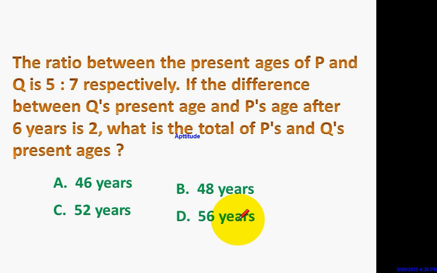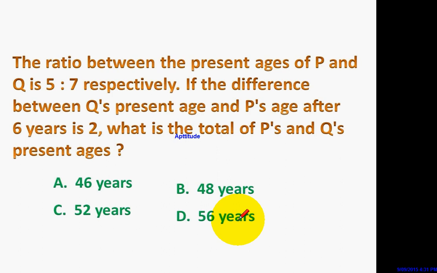And the next problem is also given in terms of ratio. The ratio between the present ages of P and Q is 5:7 respectively, right? If the difference between Q's present age and P's age after 6 years is 2, what is the total of P's and Q's present ages?